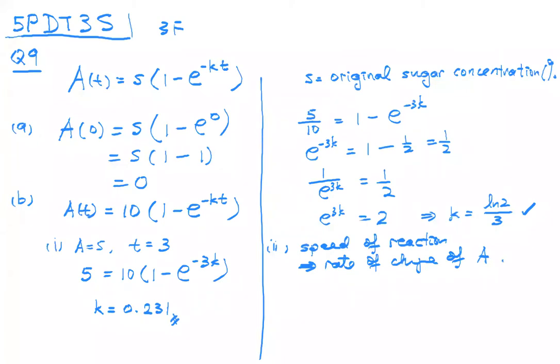So that is the meaning. So what should I do? You either, because they didn't say by calculus. Did they say by calculus? No. So what I can do is key this function into my calculator.